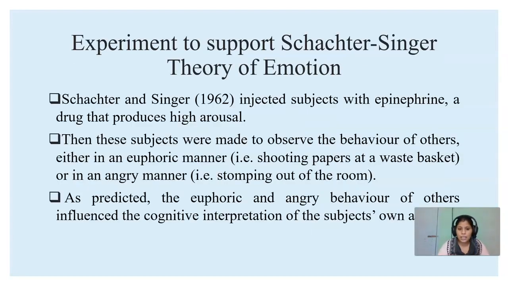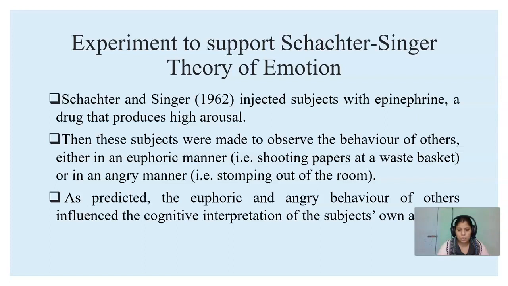So Schachter and Singer conducted an experiment to support their theory. Here, two groups of subjects, both of them were in a high arousal state. One group of subjects saw others who were behaving aggressively in an angry manner, and the second group of subjects saw others who were in a happy mood, behaving in a euphoric manner.